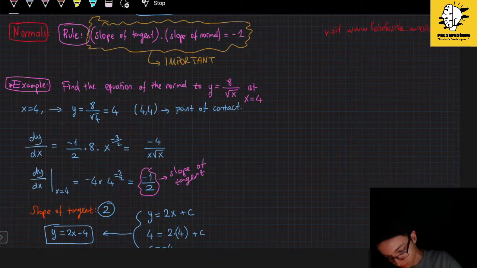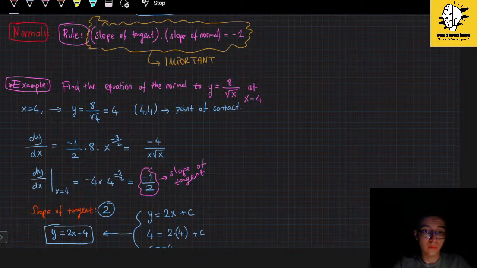So, for example, if our slope of the tangent is 3, as we found above, and it asked us for the slope of the normal, the equation of the normal, we would find the reciprocal, 1 over 3, and add a minus. It is minus 1 over 3.